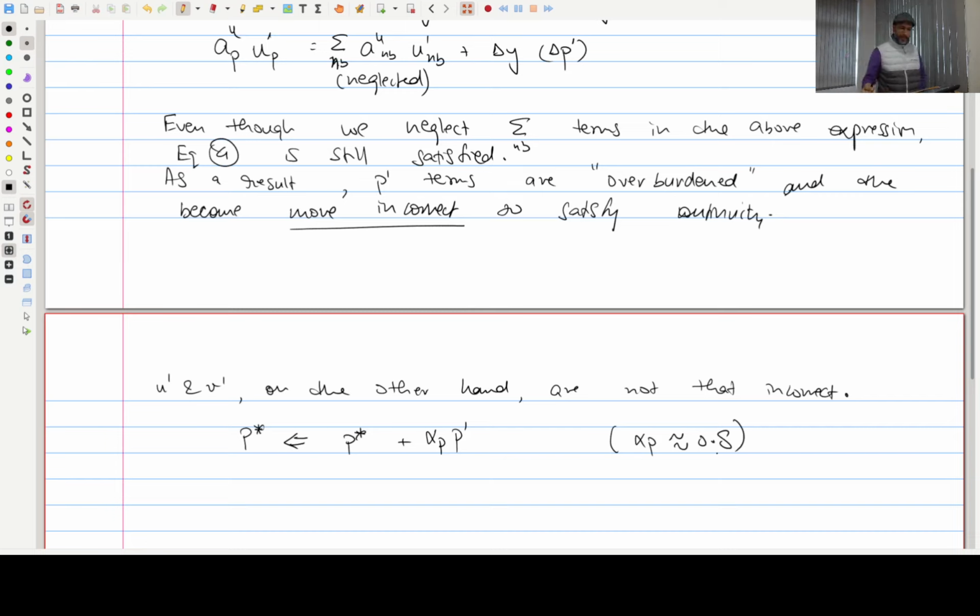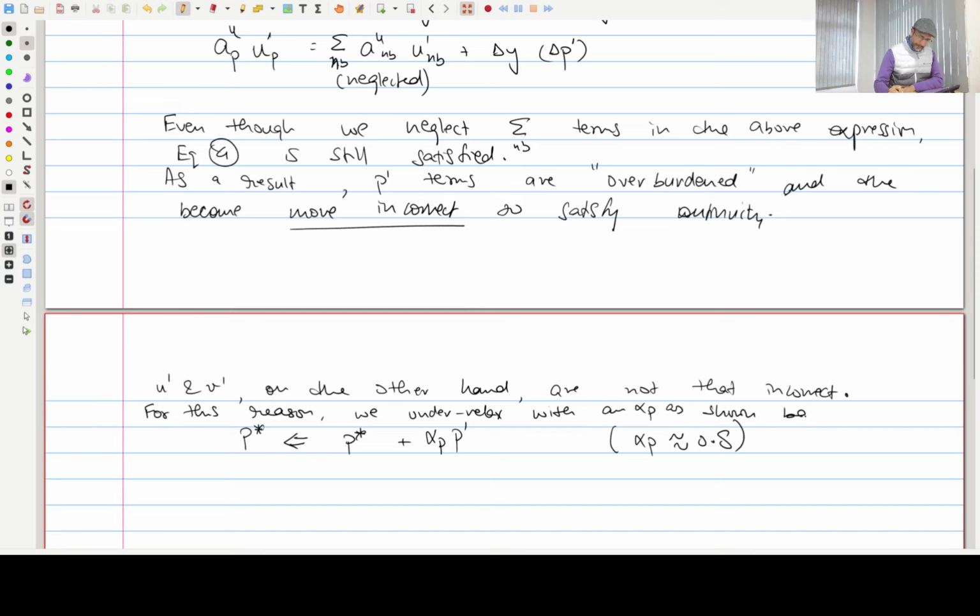You can have values which may result in quicker convergence. Is that clear?